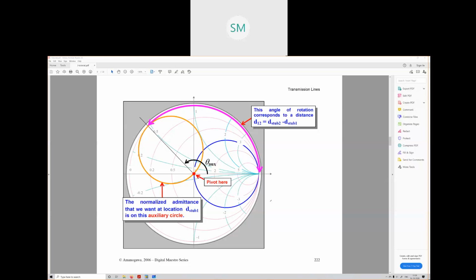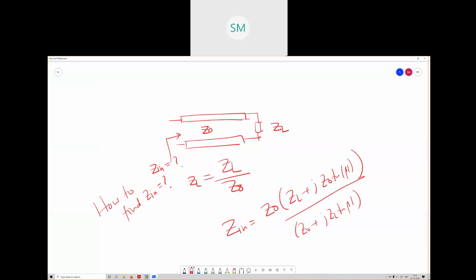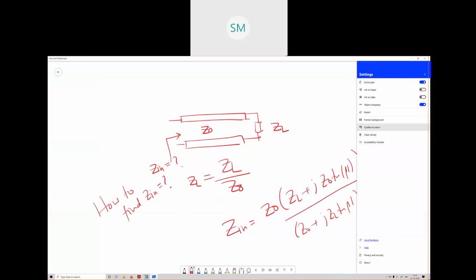This is not the best. What we are doing, very easily.